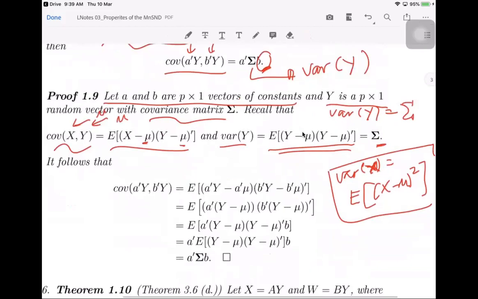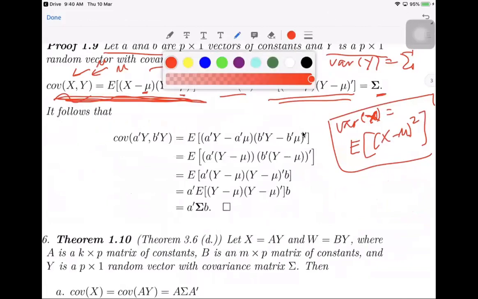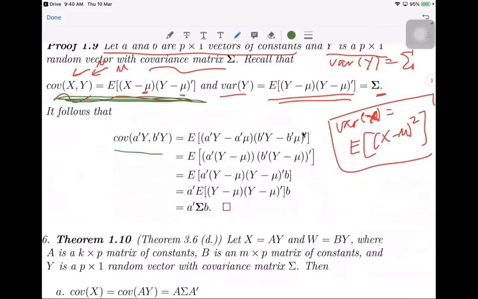Using this result, you have there the covariance of A prime y, B prime y. Substitute this. And this time, you have that. Factor out A prime, you have this.